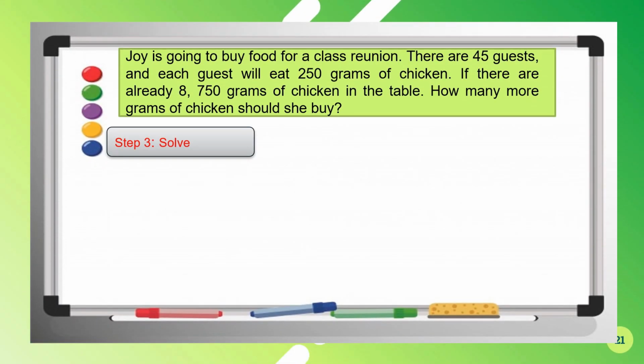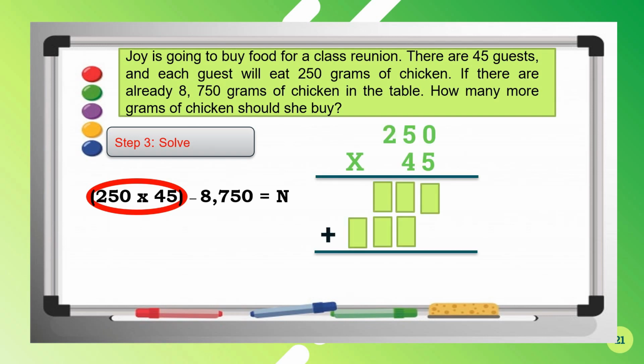We will first solve for the numbers inside the parentheses. So we have 250 times 45. So 5 times 0 is 0. 5 times 5 is 25. Write 5 on the partial product, then carry 2. 5 times 2 is 10.